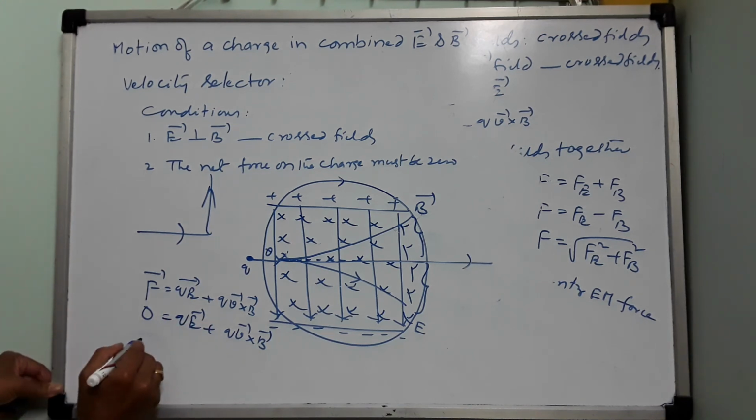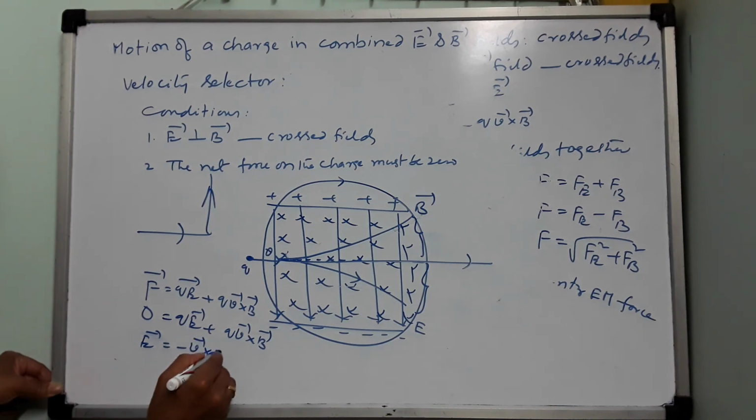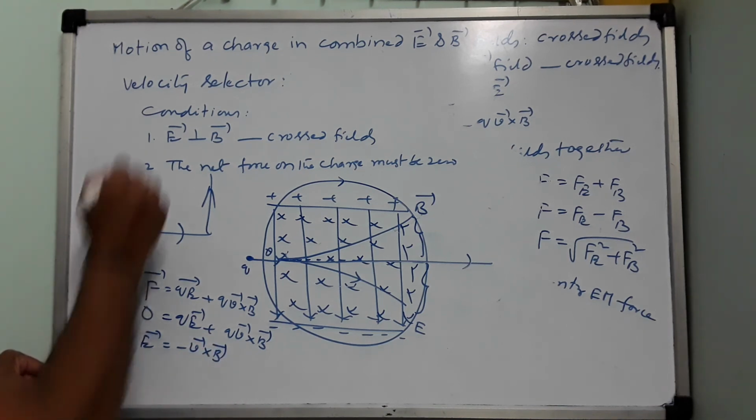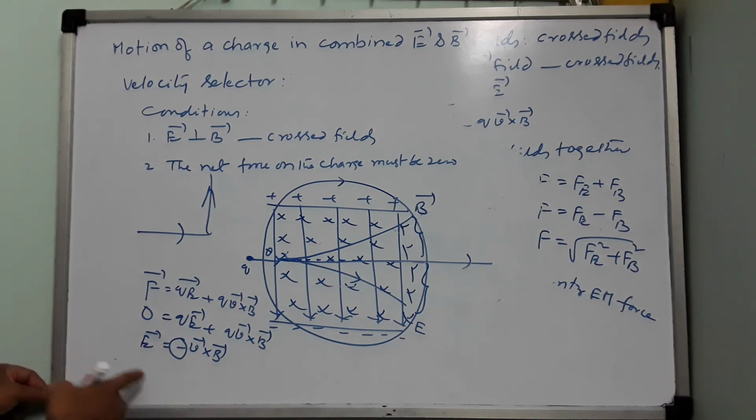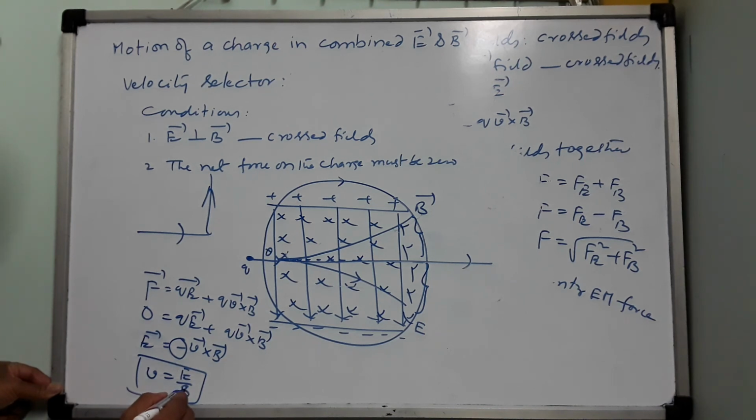So you have only vector E equals minus V cross B. What are you trying for? Velocity selector. The negative sign implies that the forces are equal in magnitude and opposite in what? Direction. So there is no need to carry this sign all the time. Then you will get velocity V equals electric field by magnetic field. You see how beautiful this equation is.